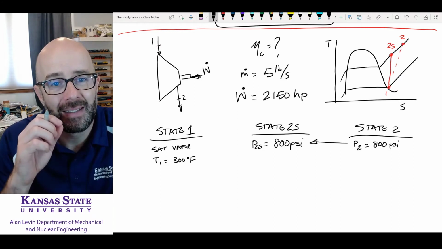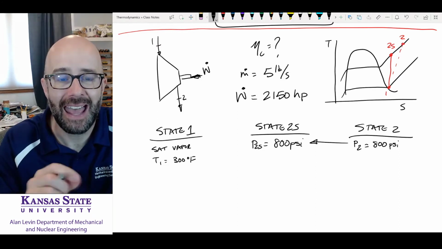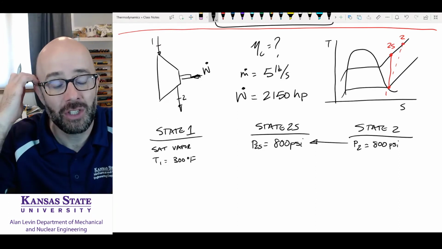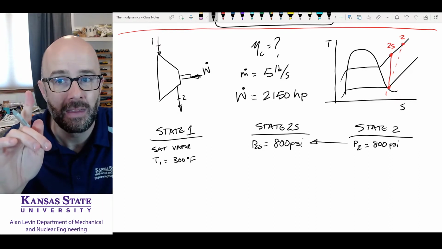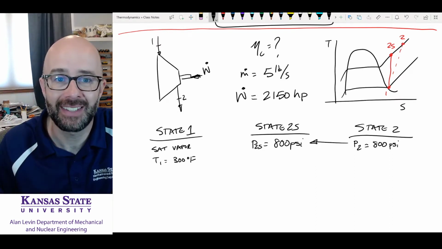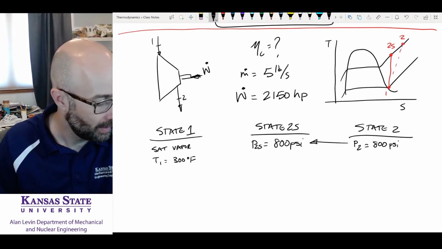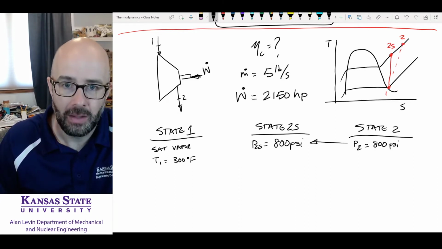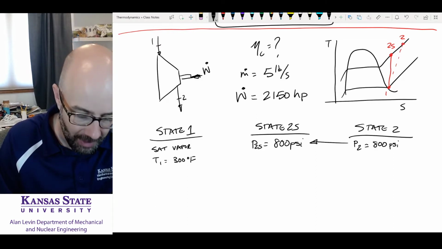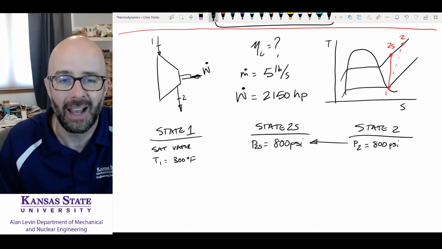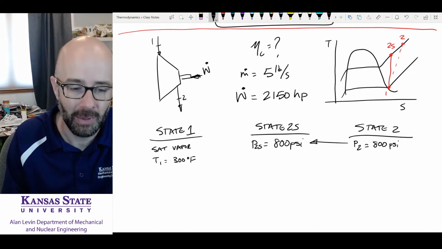Now, for things that have vapor domes, I can also say that S2s is going to be the same as S1. Look at this, S1 and S2s are the same. So let's look these values up. Saturated vapor, temperature 1 is 300 Fahrenheit. That's a pretty easy table lookup.